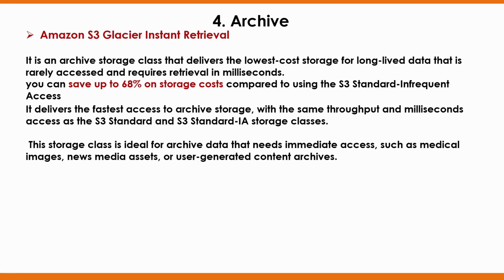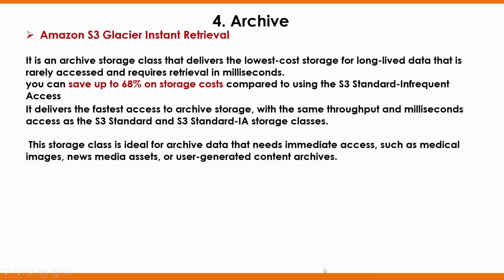Fourth option is archive. So the first storage class in the archive section is Amazon S3 Glacier Instant Retrieval. It is an archive storage class that delivers the lowest cost storage for long-lived data that is rarely accessed and requires retrieval in milliseconds. You can use this storage class if you want to access that data quarterly.